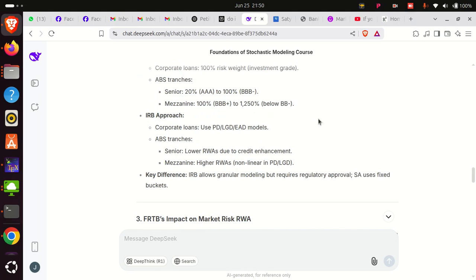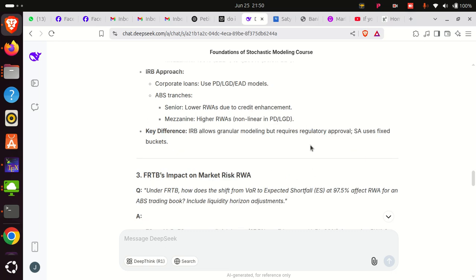We take the ABS tranches, senior, lower RWA due to credit enhancement, and mezzanine RWA, which is non-linear in PD and LGD. The IRB allows granular modeling, but it requires more regulatory approval, and SA uses fixed buckets.